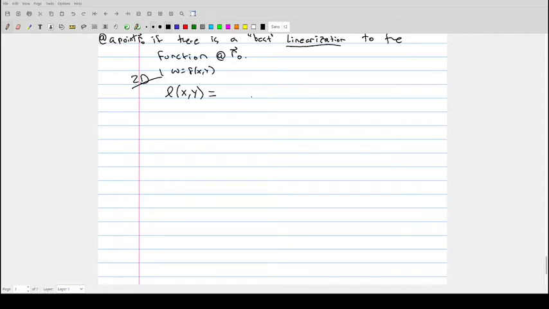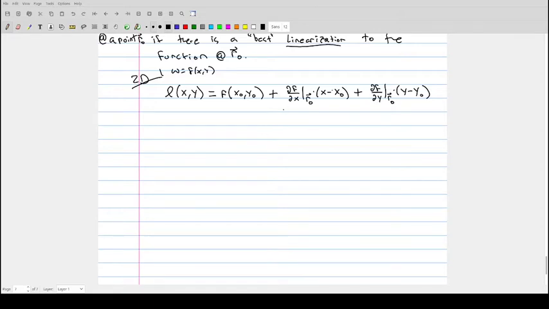L of x y is equal to the value of the function at the point x naught y naught, or at r naught, plus df dx at r naught times x minus x naught plus df dy at r naught times y minus y naught.